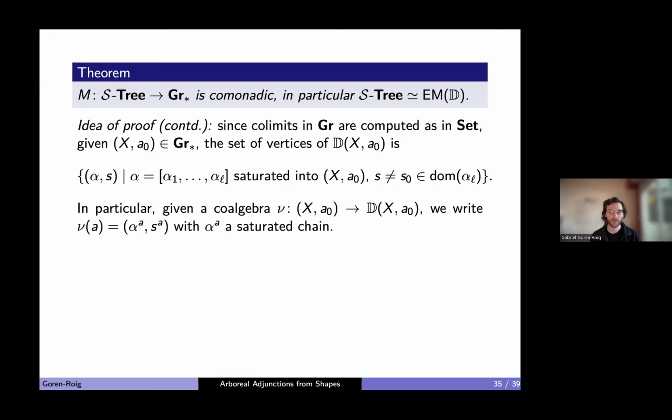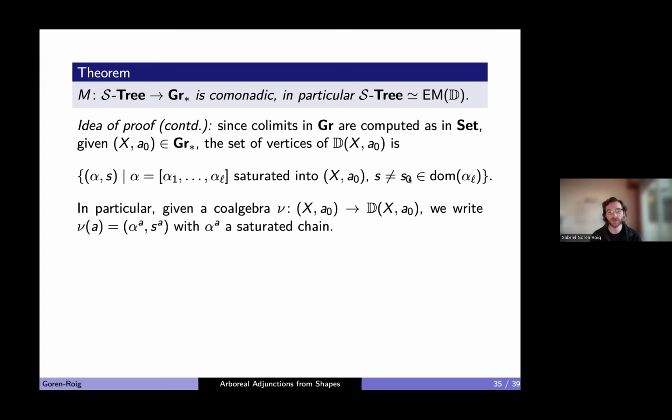Now, since the colimits in graphs are computed as in sets, we can actually give a fairly simple description in terms of points of what the result of this comonad is. The vertices of the resulting graph can be described as a tuple where the first component is a saturated chain, and the second component is some vertex of the last shape.